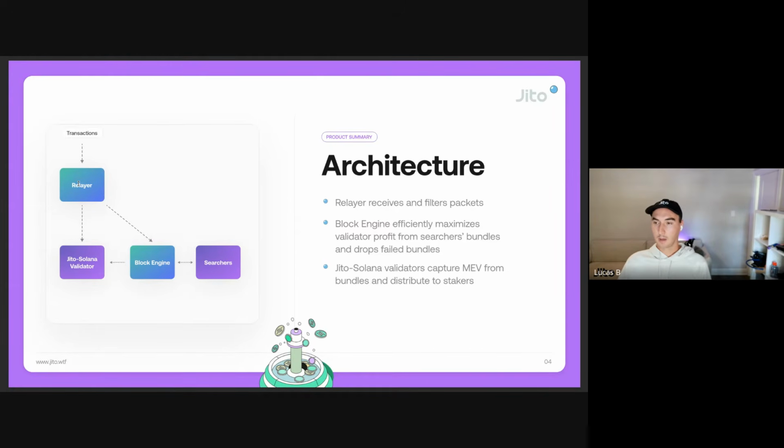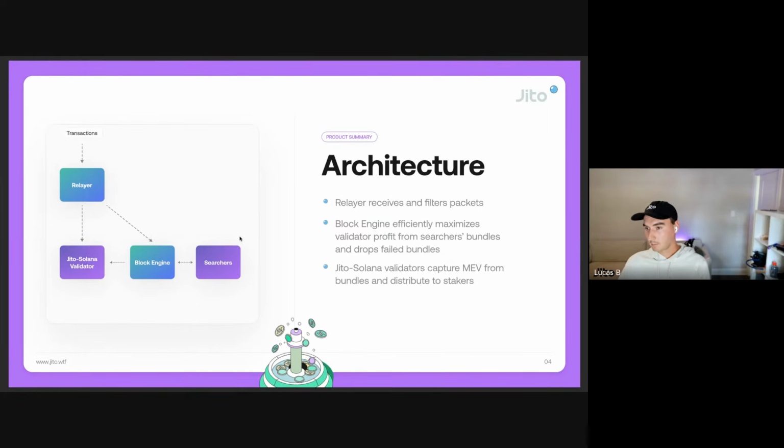And it will forward packets that searchers are interested in to the block engine, which is a piece of code that we run, and we'll share that with searchers. Searchers can send their trades back to the block engine. We run some fancy simulation logic in there to determine which are the most profitable trades, and then we send those profitable trades to the current leader, the Jito-Solana leader.